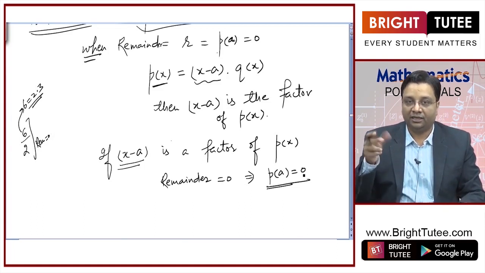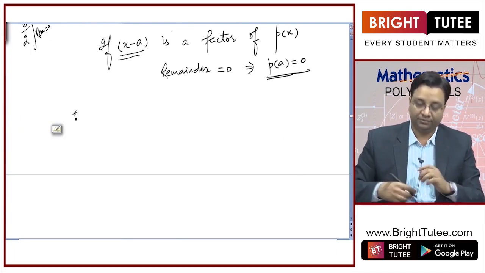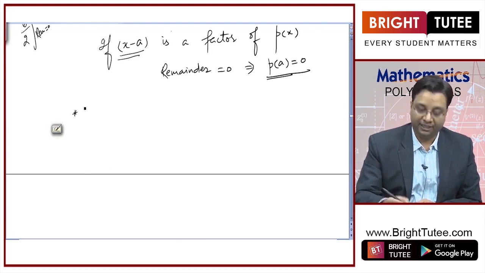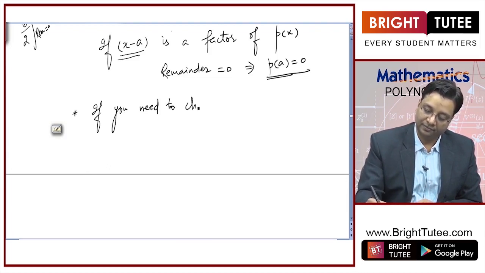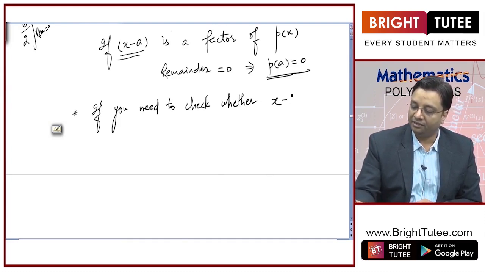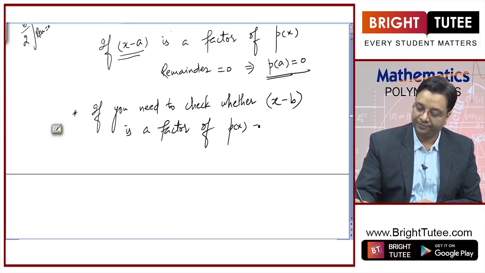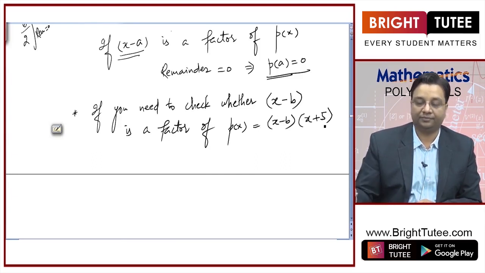Okay, so we should learn it both ways. Now, if some of you don't understand the concept, let me tell you in general terms. Let us say you need to check whether x minus b is a factor of the polynomial x minus b into x plus 5.